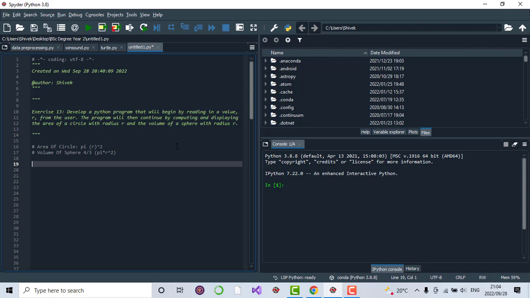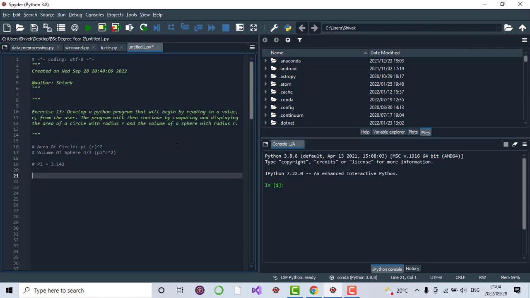We're going to require the value of pi in our program, and if you Google it, you'll find that pi is represented by 3.14 and 2 if you are going to 3 decimal places.